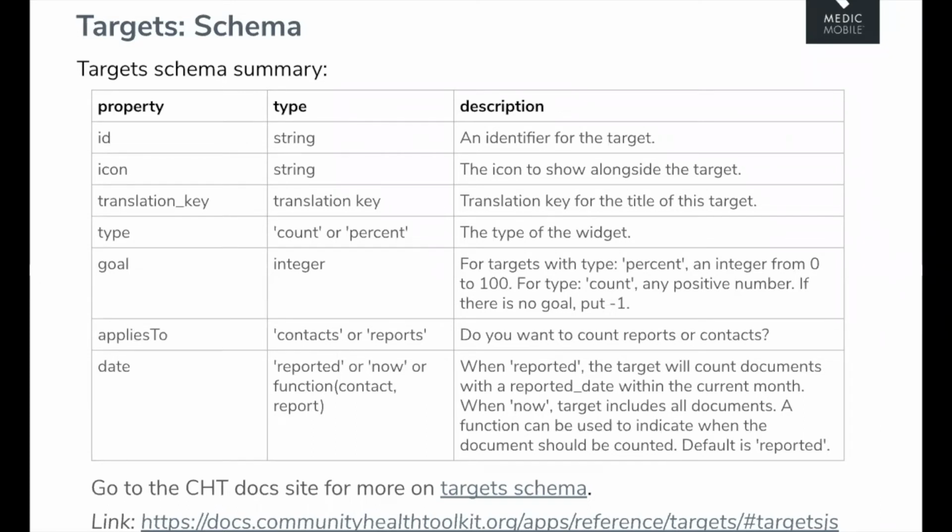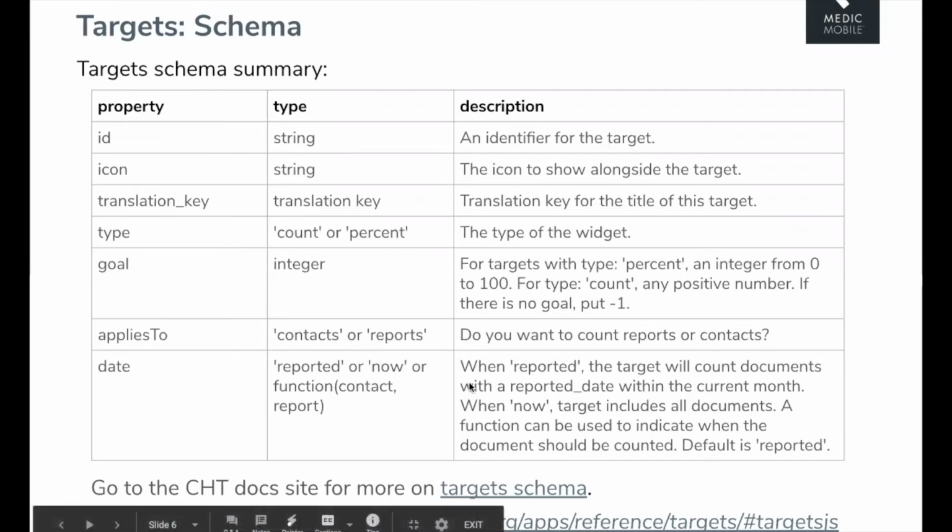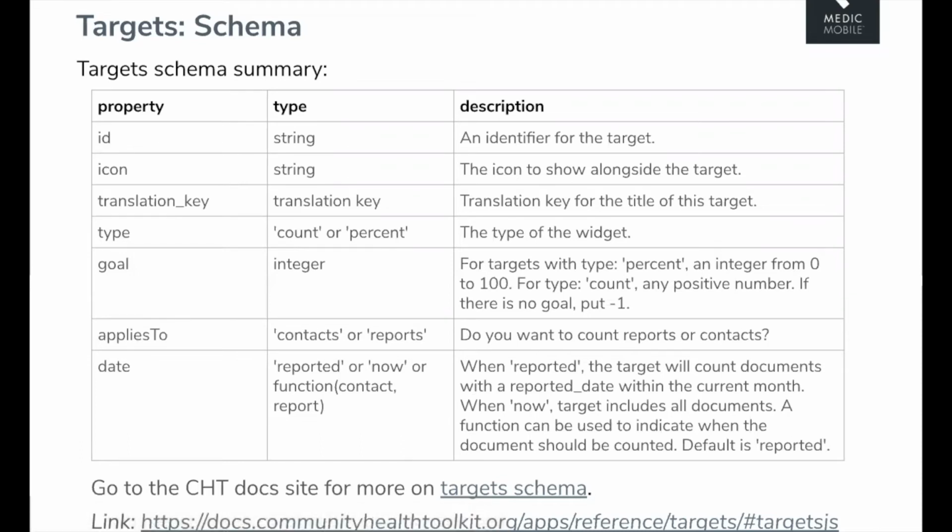And then finally, we have dates, which could be set to reported or to now, or could be a function. So if you're using reported, the target will count within the current month. And so you'd be getting a metric of what's available within the month that we are in. And every new month, this target would go back to 0 and start counting again.